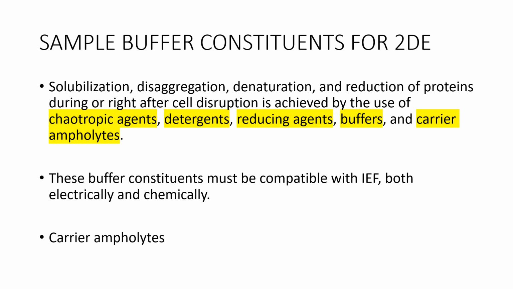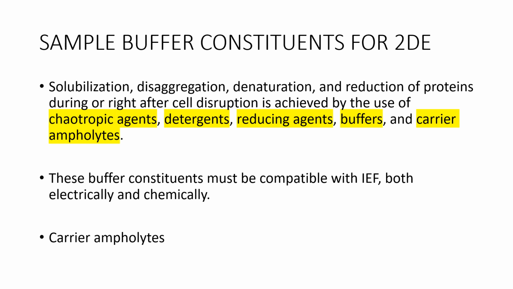The solubilizing power of urea-containing sample solution can be dramatically increased by the addition of thiourea. Typically, thiourea is used at a 2 molar concentration in conjunction with 5 to 7 molar urea.